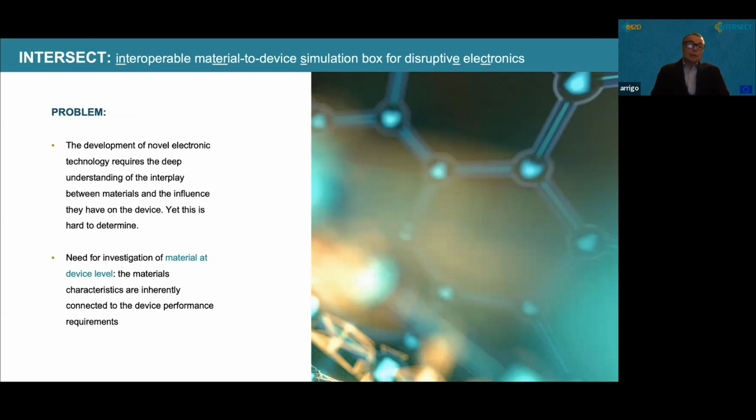This is particularly difficult for labs and experimentalists. So what is the main problem? In order to achieve this co-design between material and device, you have to know the characteristics of the material, not in a general sense, but exactly in the configuration that this material has in the device.